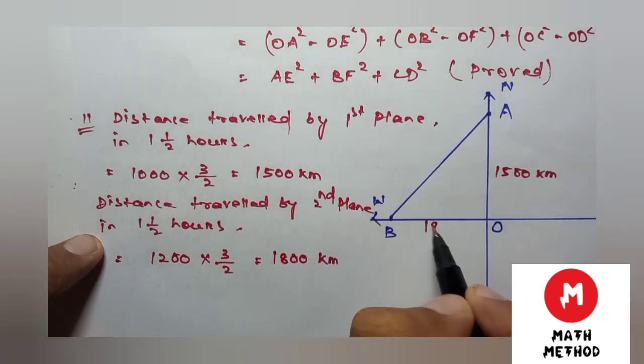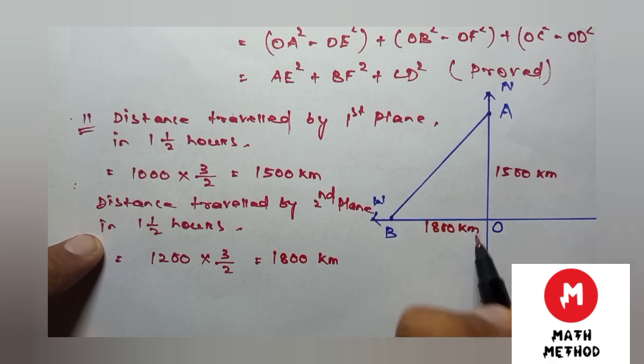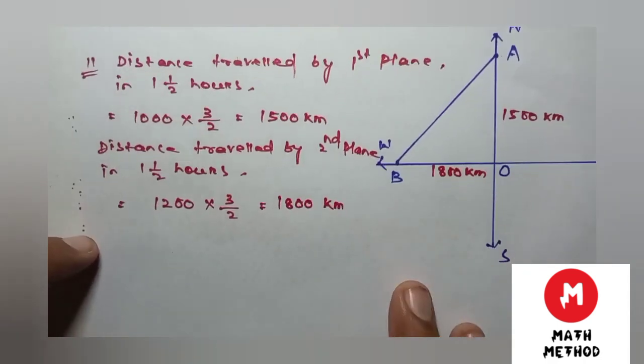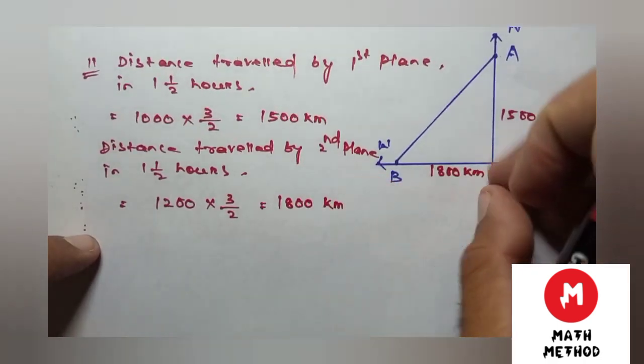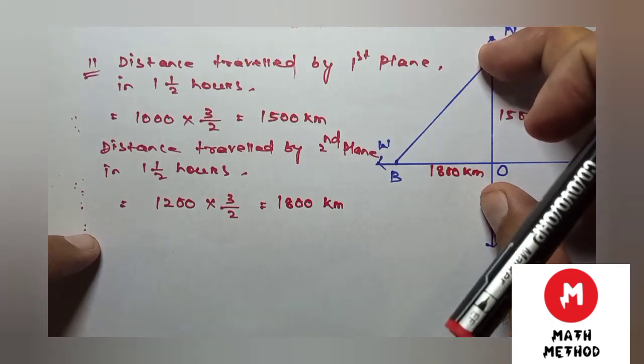This is our 1800 kilometers. Clear? Now here OB and OA are the distances traveled by both the planes.